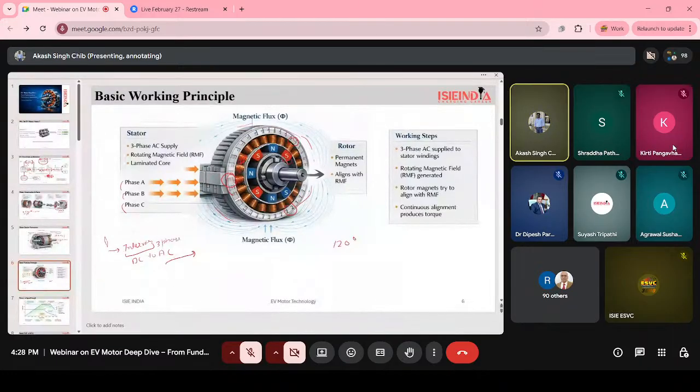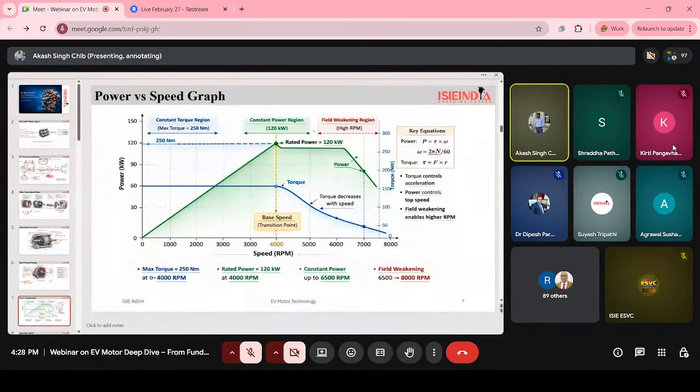A rotor always chases the magnetic field which is generated inside the windings of the motor. So you have seen that this is the diagram. You can see the magnetic flux here.